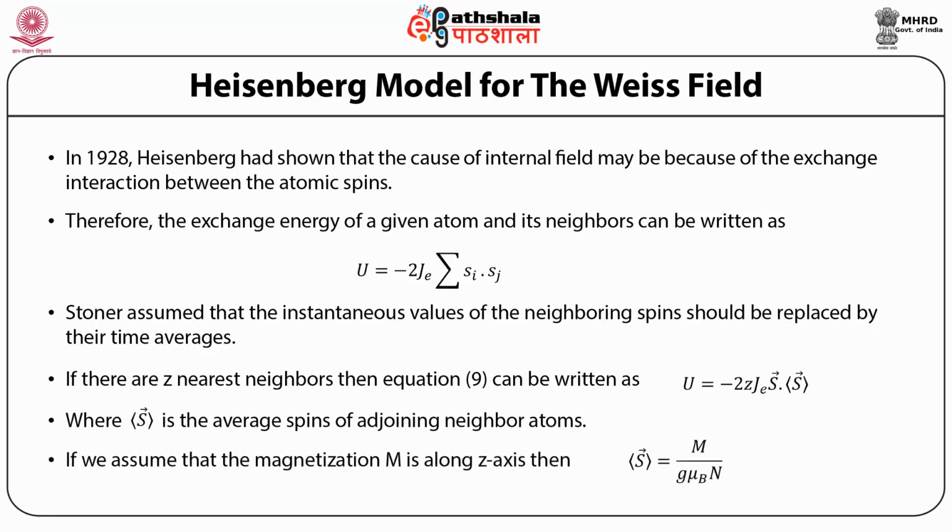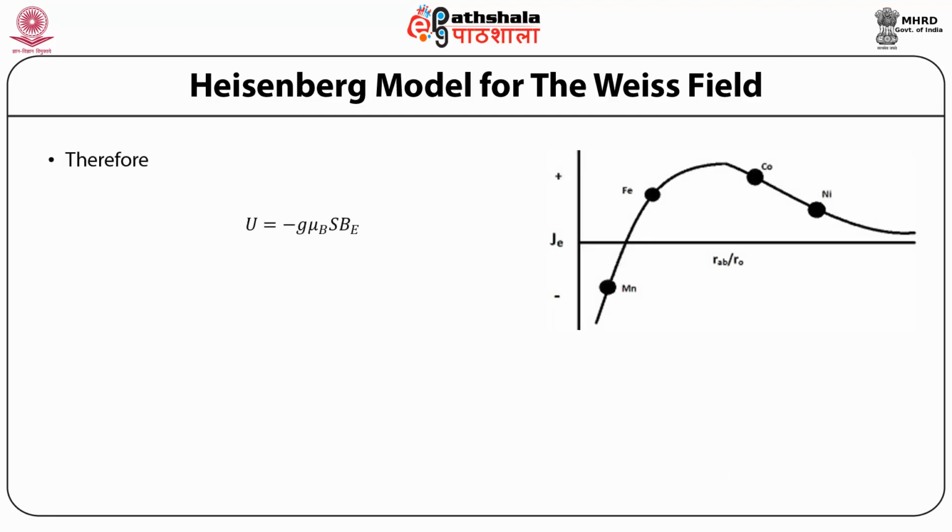If we assume that the magnetization M is along the z-axis, then this average spin value comes out to be M over g mu_B N. Putting in this value, U comes out to be minus g mu_B S into B_E, where B_E is equal to 2 Z J_E M over N g squared mu_B squared.